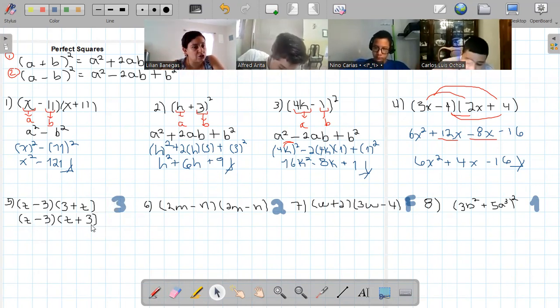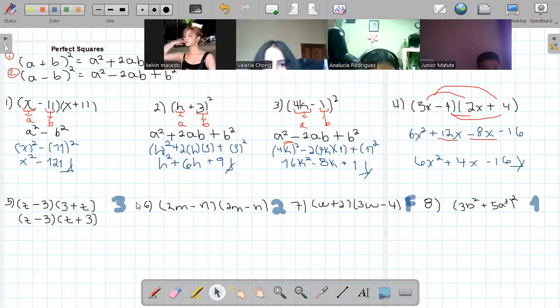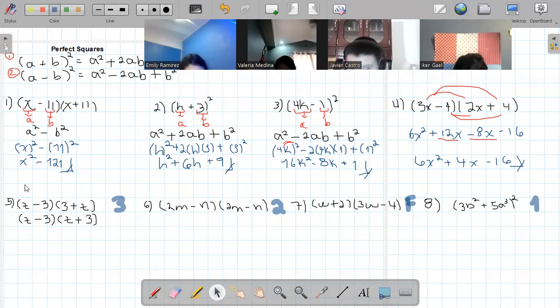If you want to rearrange it and then solve it, do it. If you don't want to rearrange it because you know already they're different signs and you can simplify it like that, that's okay. You can do it.